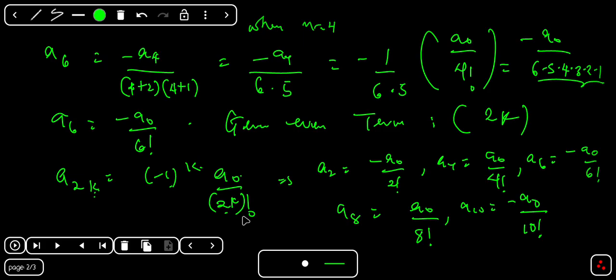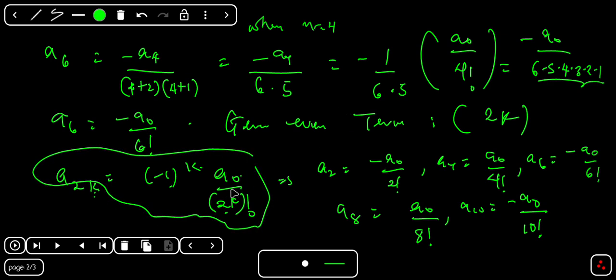When k is 2, you have your a4. When k is 3, you have your a6. When k is 4, you have your a8, and so on and so forth. So that's how you generalize it. So that's the general even term. So we have a2k is equal to minus 1 raised to the power of k, multiplied by a naught over 2k factorial.